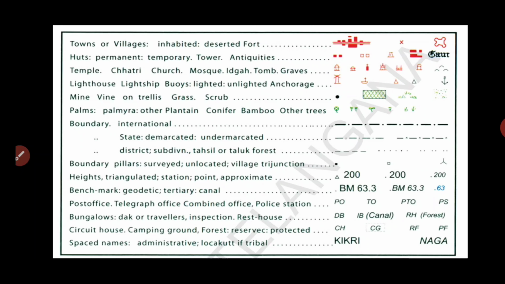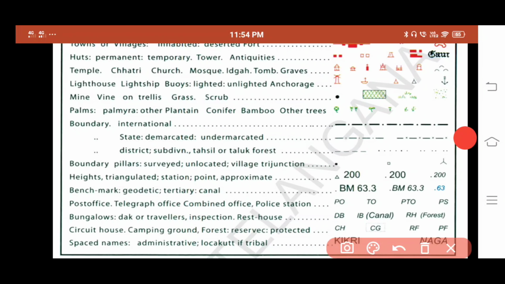So here, see for example, the conventional symbols given below the topo sheets of Survey of India. Here they have given some symbols: towns and villages, inhabited, desert, fort. So they used these symbols. Okay, huts, permanent, temporary, towers, antiquities. So they showed this one, and temple, churches, mosques. This showed this one, lighthouses.